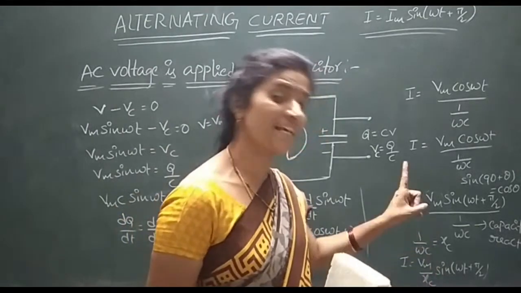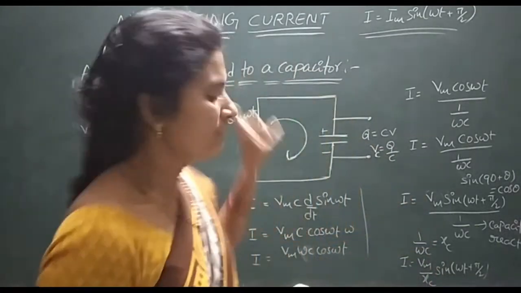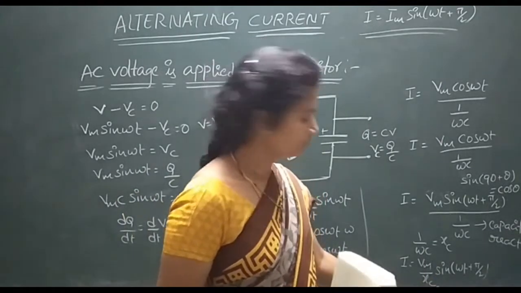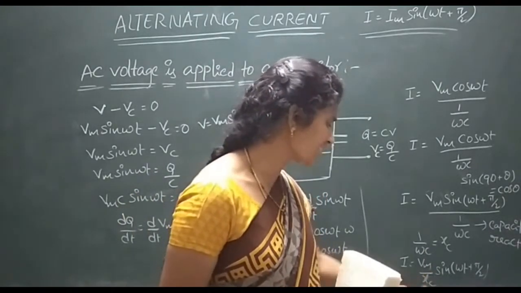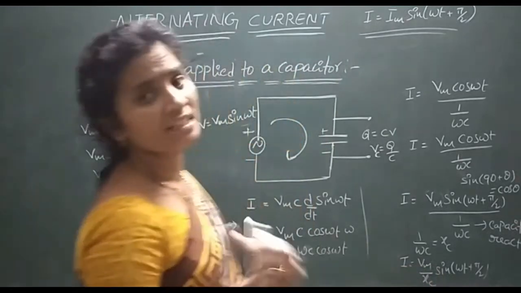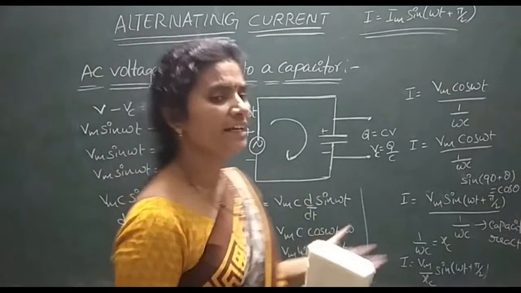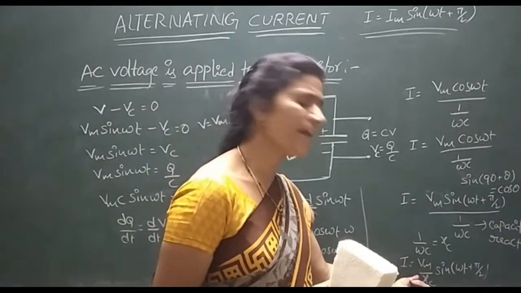Here Vm by XL is the maximum current, because XL is the resistance offered by the inductor. That's why it can be written as Vm by R.